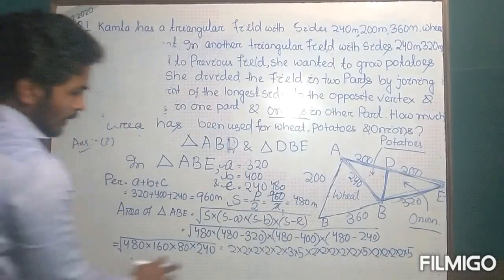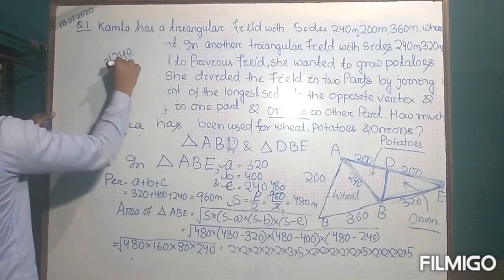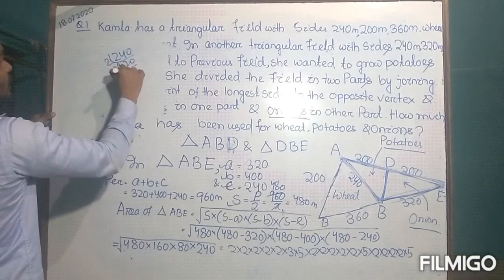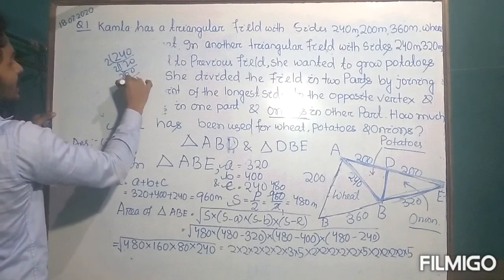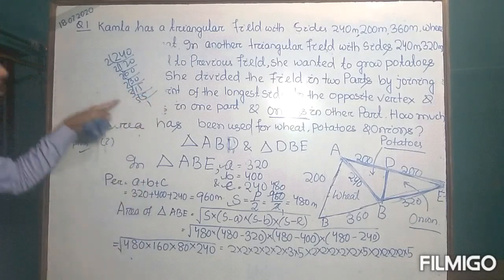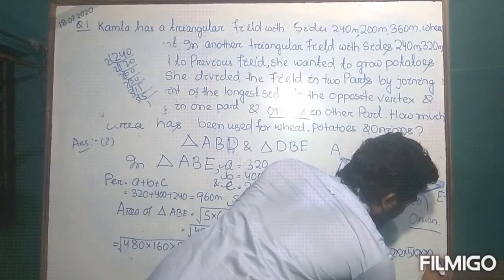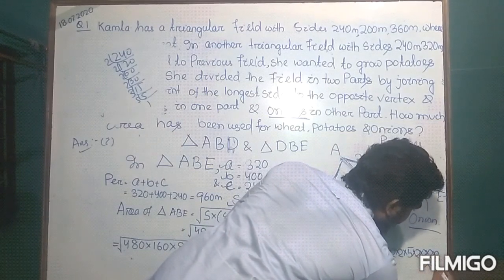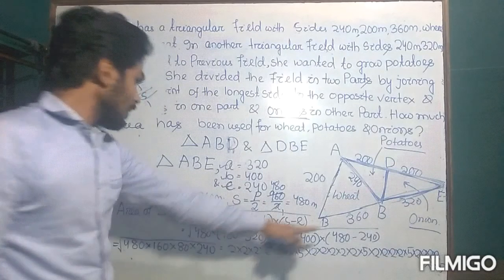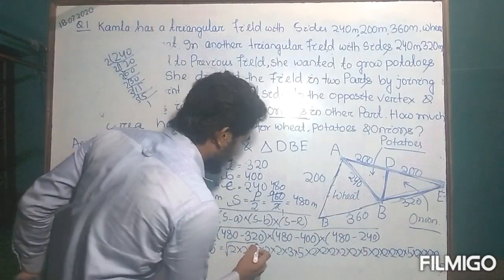And last 240: 120, 60, 30, 15, a 3 and a 5. 4 twos, then 3 into 5. See how long it is. So you have to factorize each term.